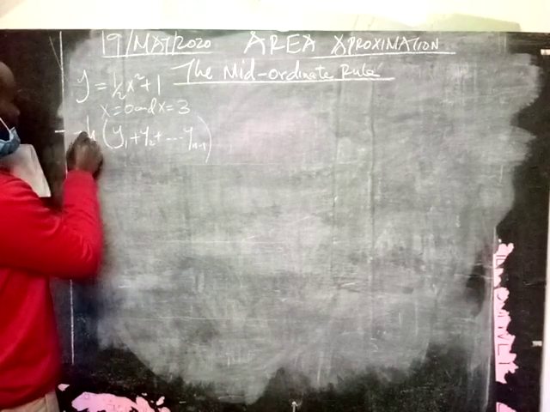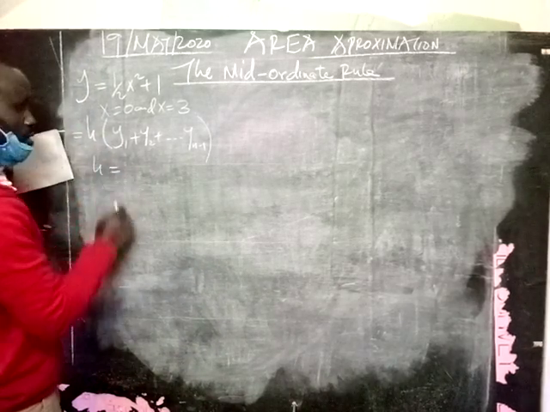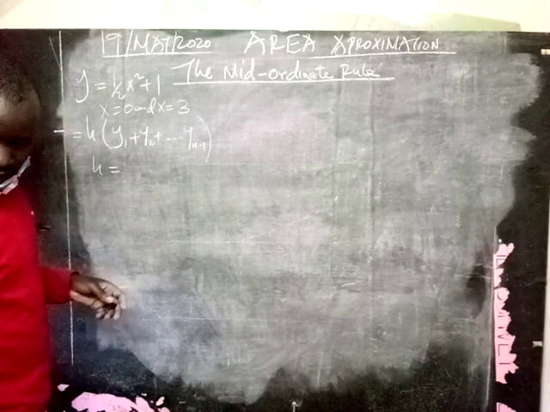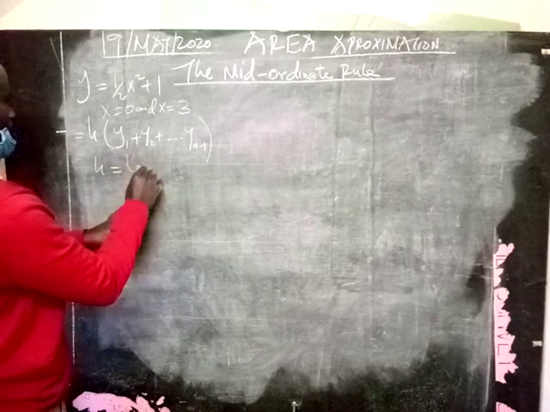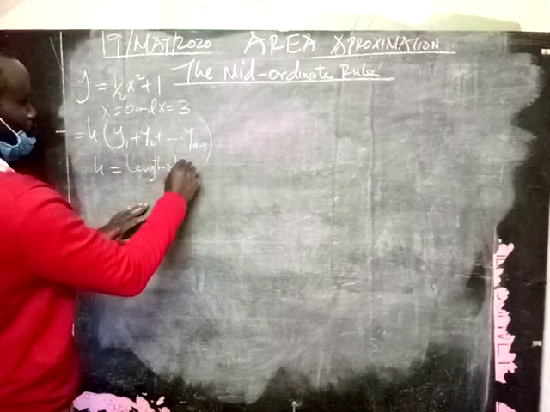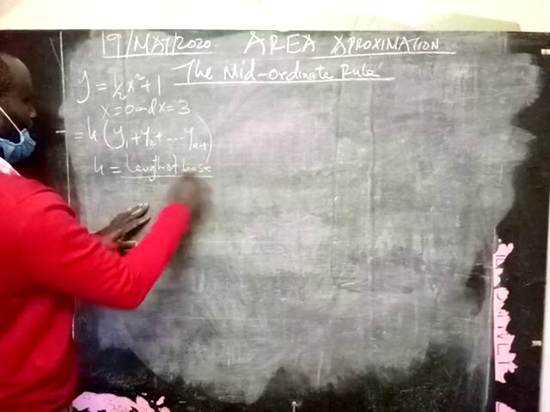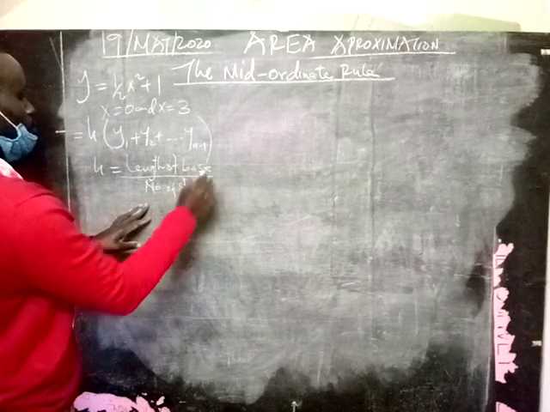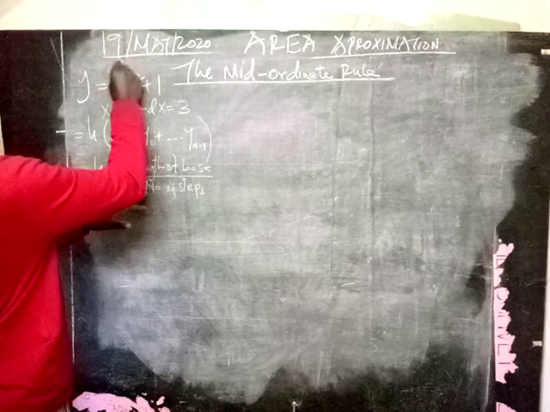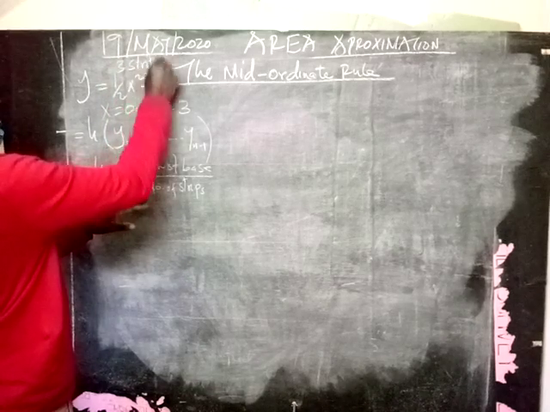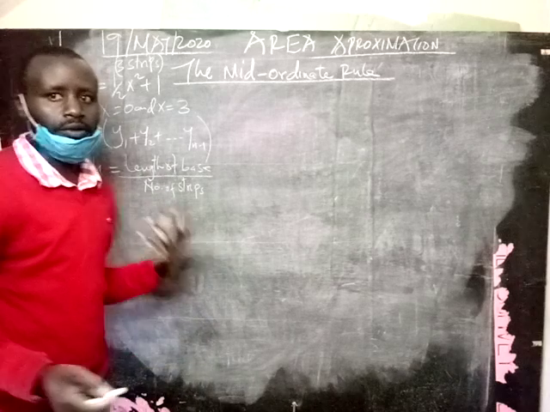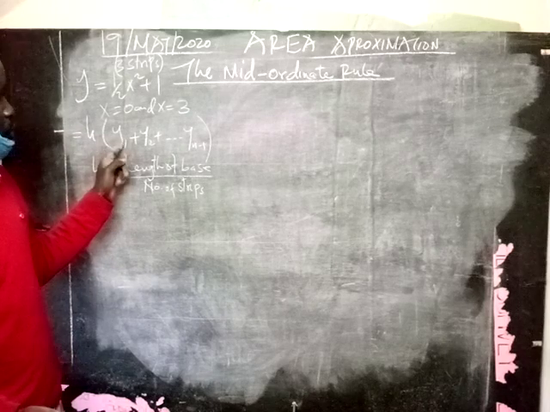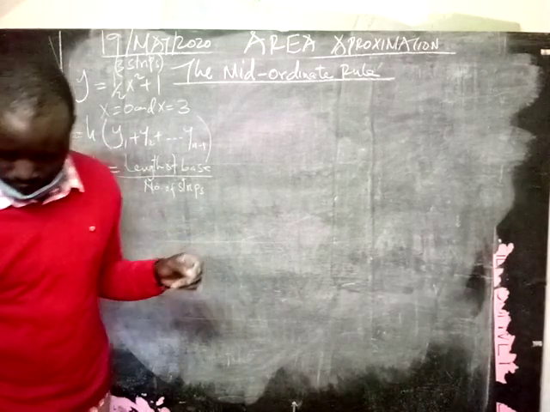And how to find h: our h is the length of the base divided by the number of strips. So for our case we have 3 strips. We get the length of the base, we divide by the number of strips to find our h in this case. So we're going to see how to find this y.